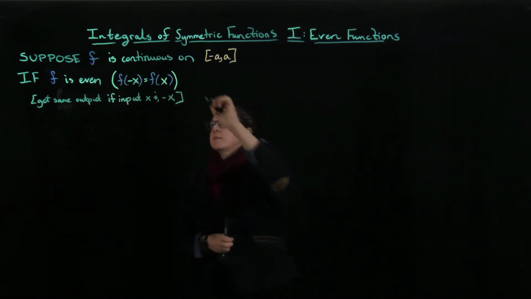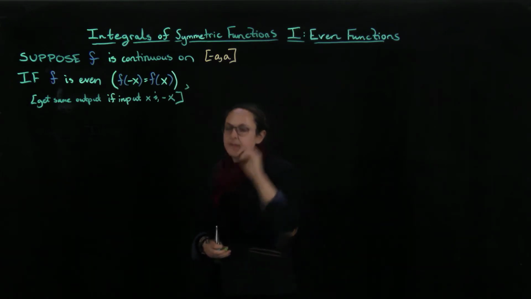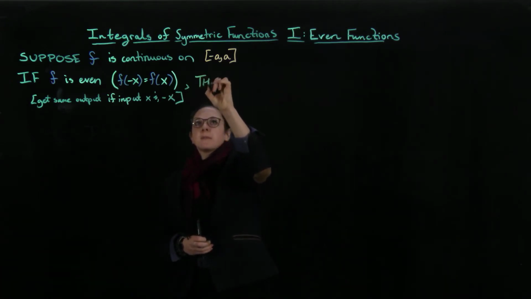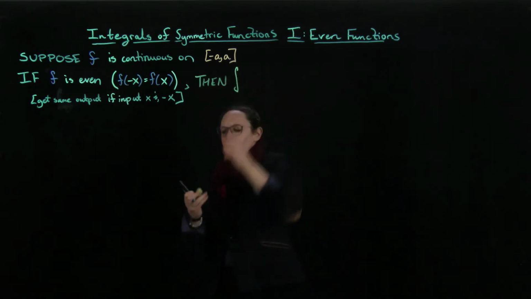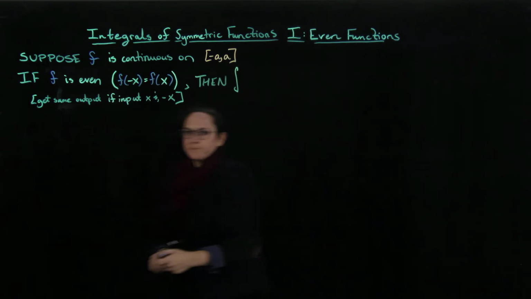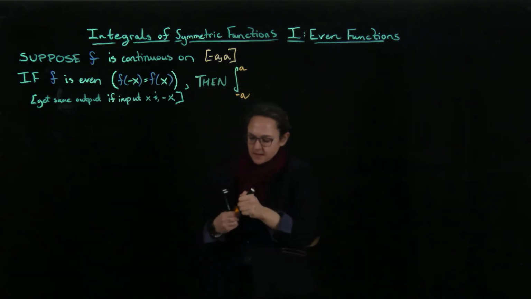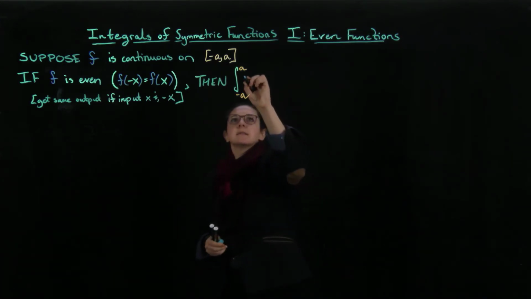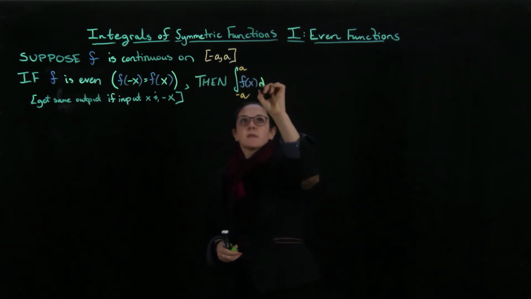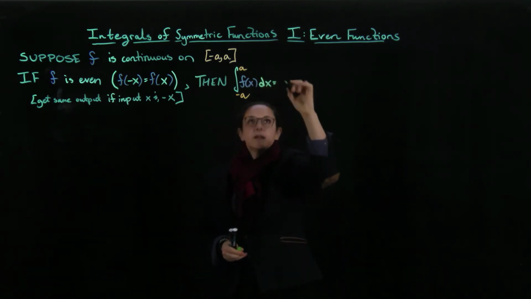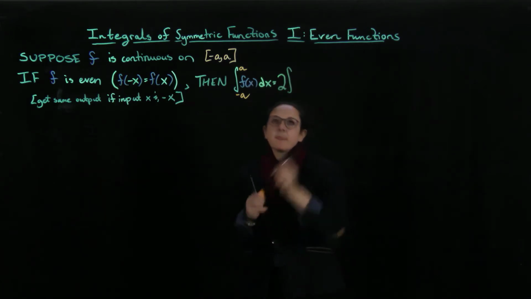If we're in this circumstance, then we know that the integral from minus a to a of f of x dx equals 2 times the integral from 0 to a of f of x dx.